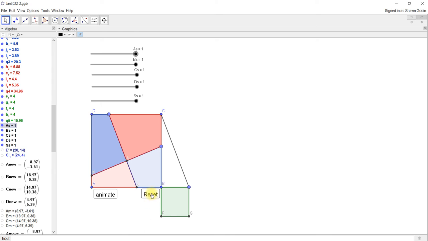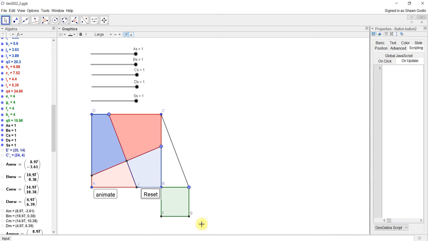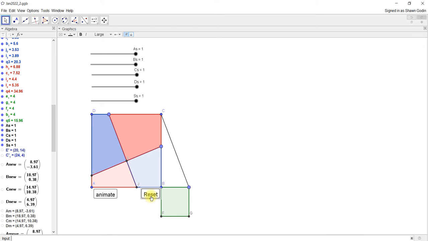With my reset button, I set it up so that clicking reset sets those guys back to 0. So if I click reset, they're all back to 0.